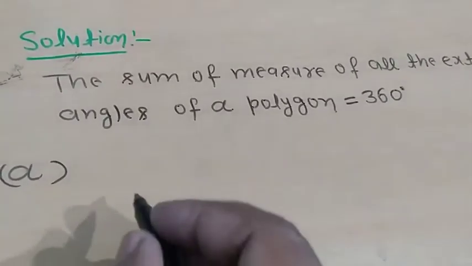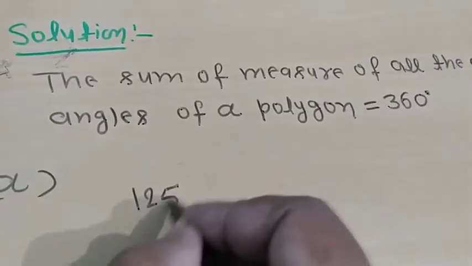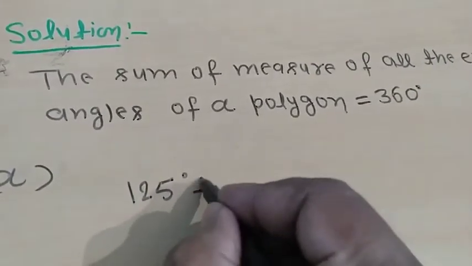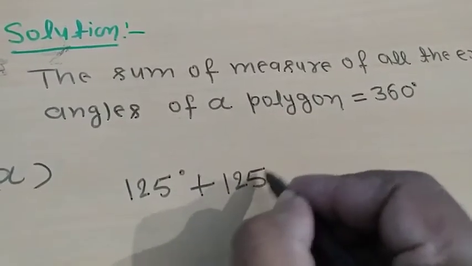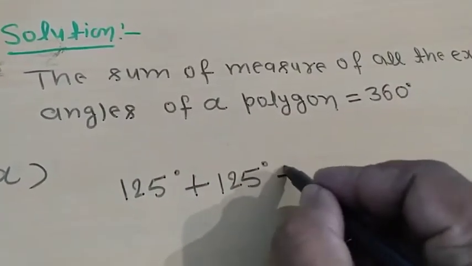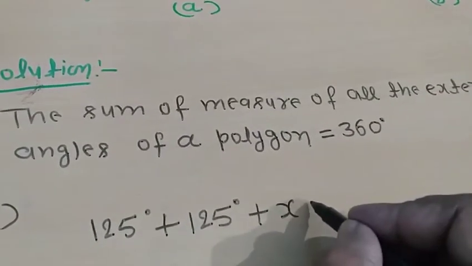So here we find it: 125, the sum of exterior angles. So the next exterior angle is 125 plus x.